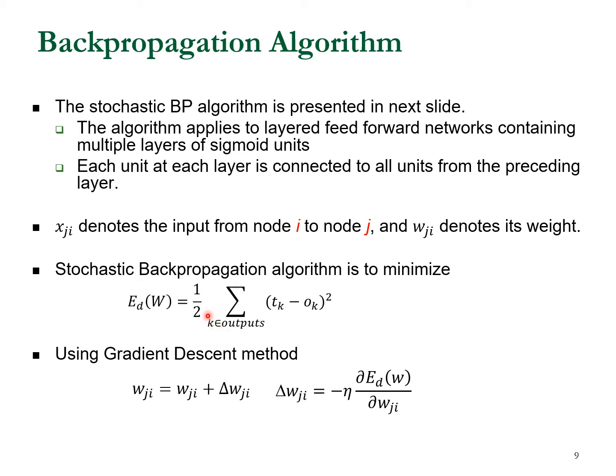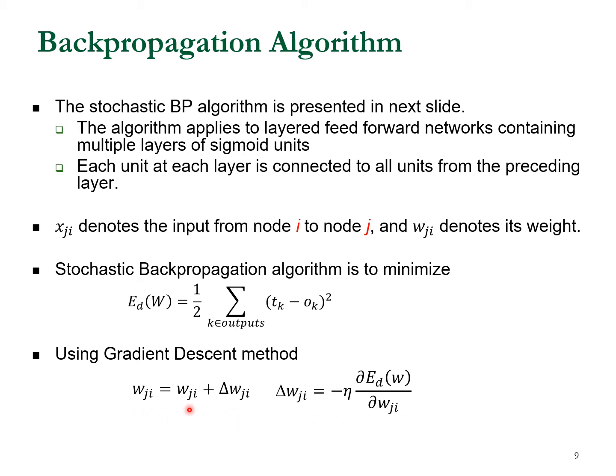In gradient descent, once you define the error function, you can update your parameter w by using this formula.